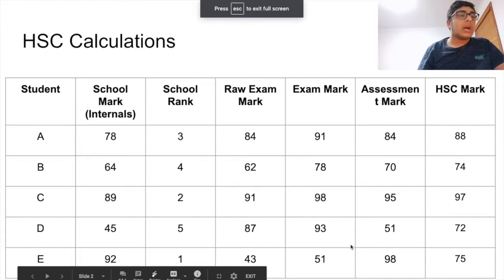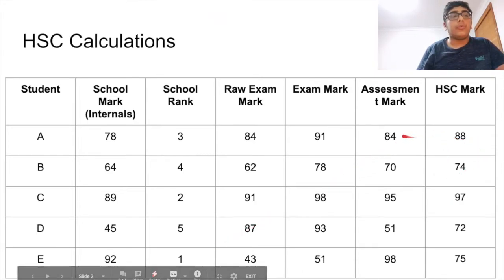Now you can see that even though you do really badly in your school marks, for example, this person here gets a 45 in his internals, he worked so hard to get his exam mark up to a 93.